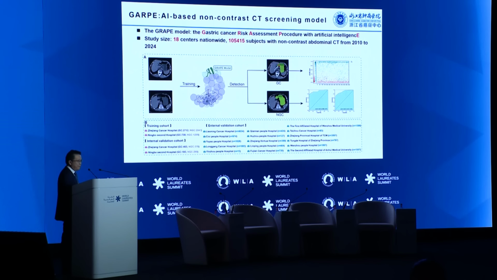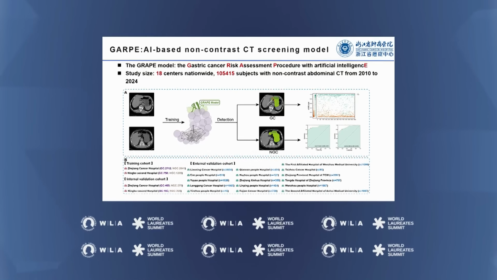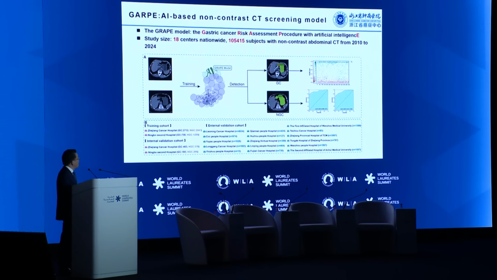And recently, my group built a model. We called it the GRAB model. It is an AI-based non-contrast CT scan model. How did I do it? Firstly, 105,000 subjects with non-contrast abdominal CT scans in 18 centers nationwide from 2010 to 2024 were enrolled.